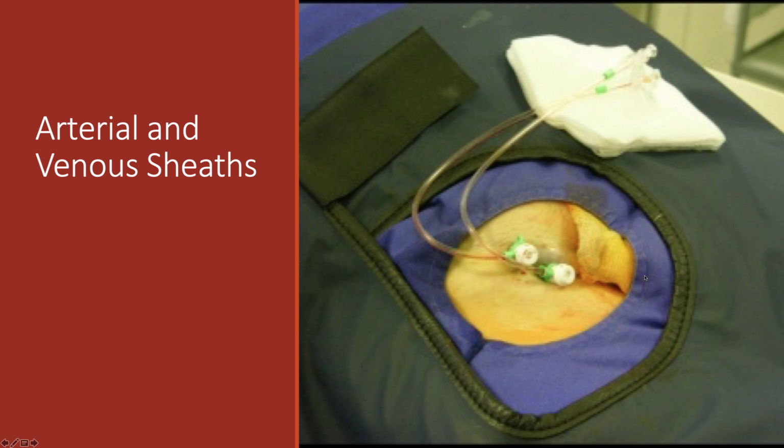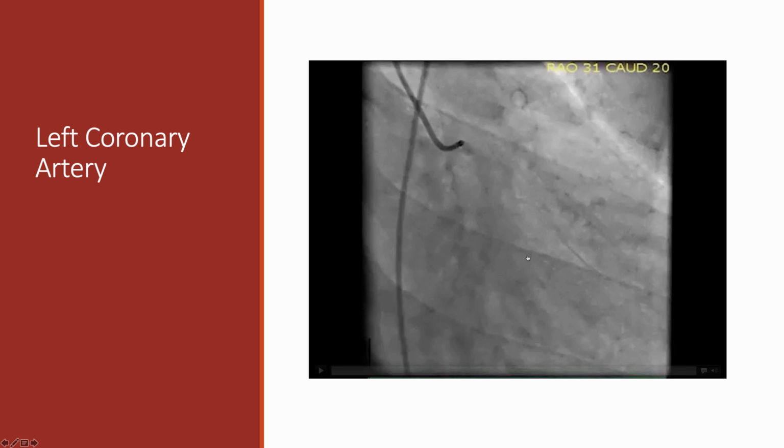So this is what the sheaths look like here. There's a venous sheath and an arterial sheath, and those devices stay in so that we can put the catheters in through them. So the catheters actually go in through this little hole here over top of a wire.